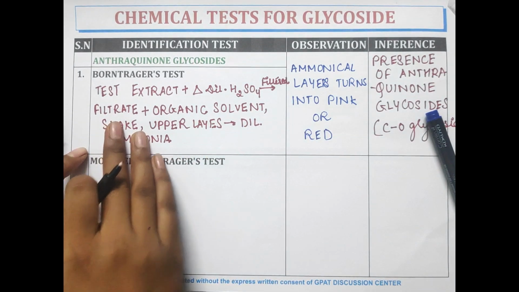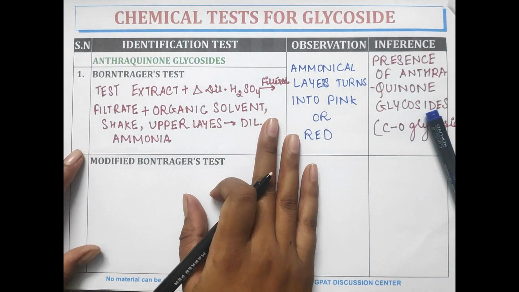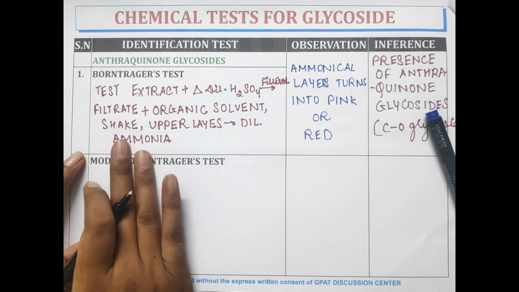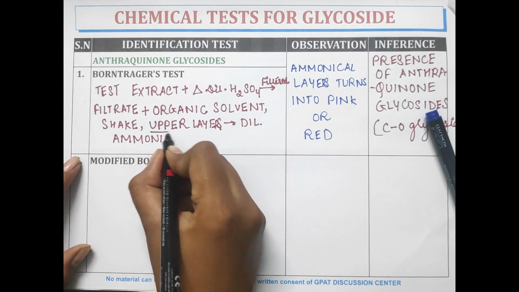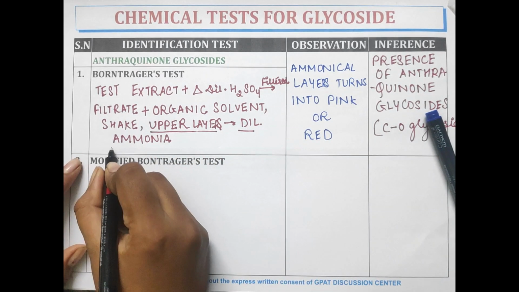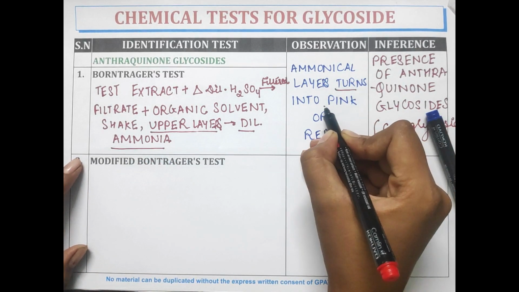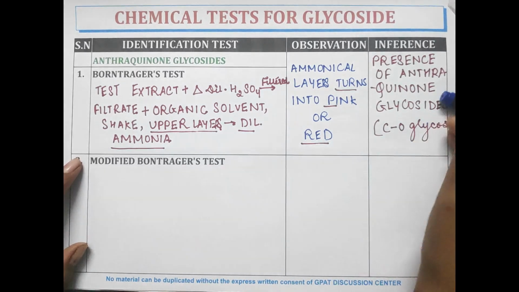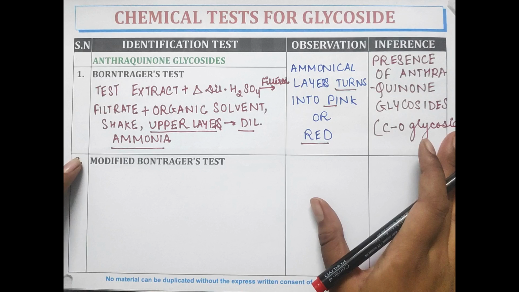The filtrate is added to an organic solvent in a separating funnel. Then it is vigorously shaken. Then the upper layer is removed and mixed with dilute ammonia. This ammoniacal layer further turns into pink or red color, which indicates the presence of anthraquinone glycosides.